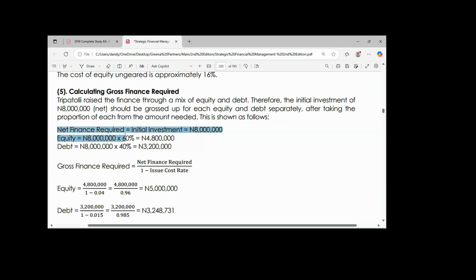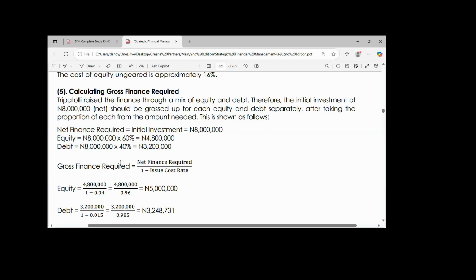The net finance required is 8 million naira. There's no working capital, so it's 8 million naira. If you have working capital, you add it to the 8 million. Then out of this 8 million, 60% is for equity, which is 4.8, then 40% is for debt, which is 3.2.